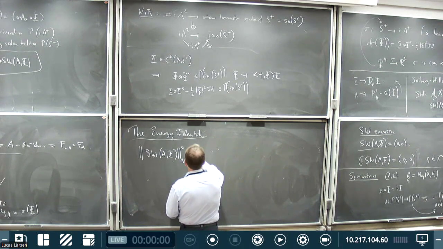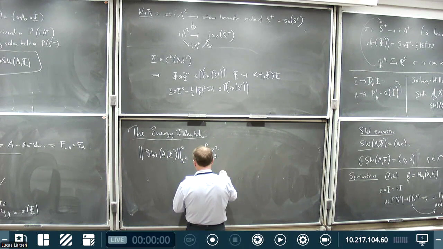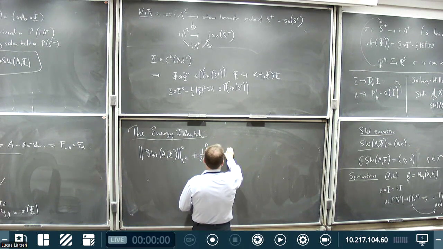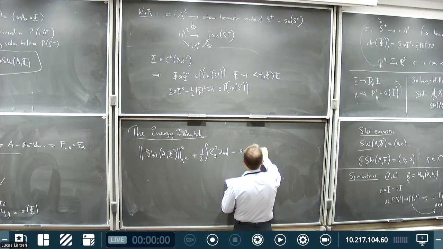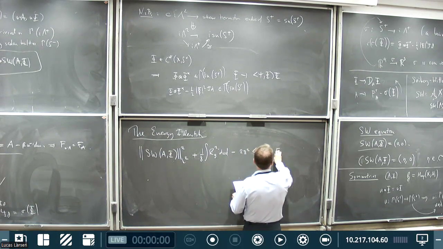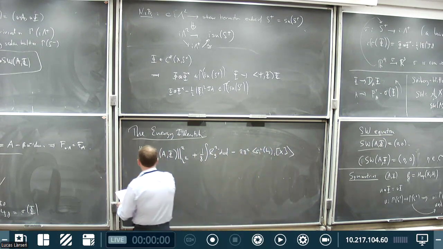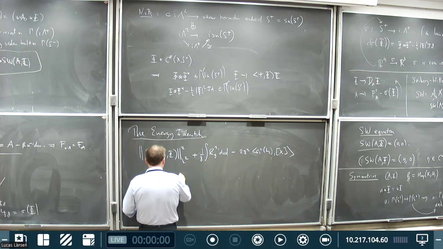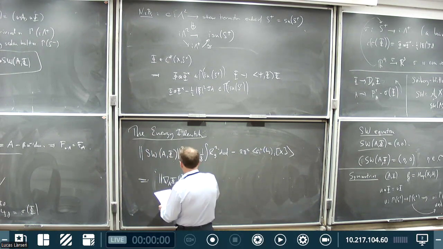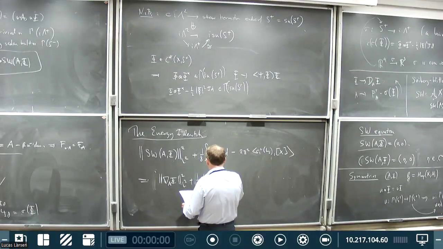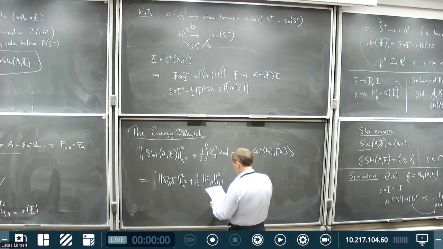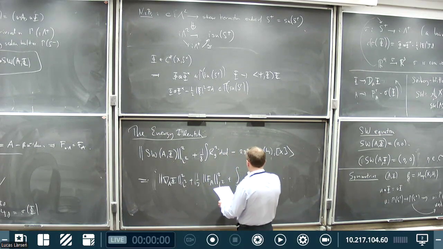It, plus 1/8 the scalar curvature squared, minus 2 pi squared C1 squared of L_S evaluated on X, is equal to the L2 norm of nabla phi squared, plus 1/2 the L2 norm squared of the curvature, and then plus a slightly strange looking term, but it is what it is.